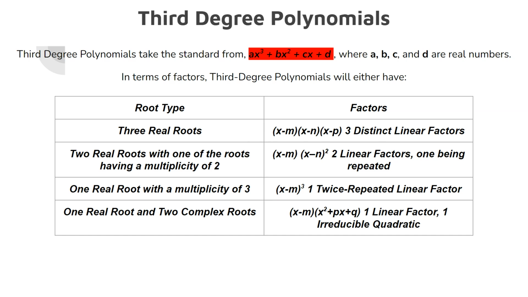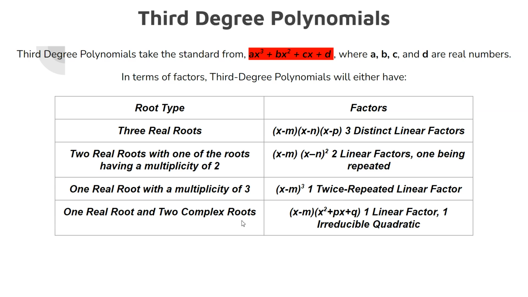If the third degree polynomial has 2 real roots with one of the roots having a multiplicity of 2, it would be like this. Notice it's squared. It would have 2 linear factors and 1 being repeated. 1 real root with a multiplicity of 3, 1 twice repeated linear factor in this form.